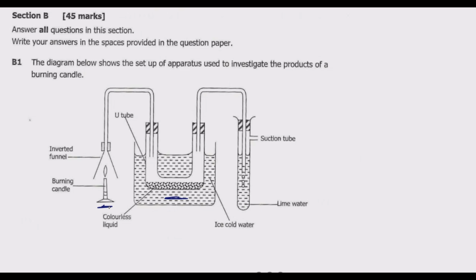The vapor needs to be condensed here, because these two gases, the vapor and the carbon dioxide, are going to pass through this tube. Once the water vapor reaches here, because it is a cold environment, it will be condensed to water. Then the carbon dioxide is going to proceed and come into this tube.